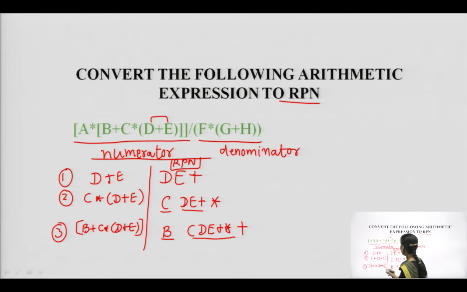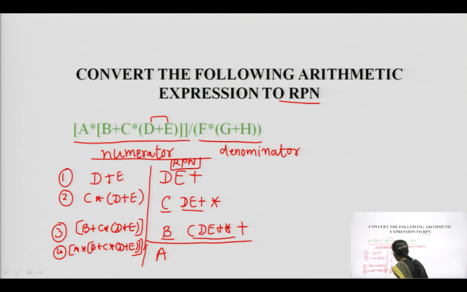In the fourth step, A cross B plus C cross D plus E. Based on the previous steps, A is the first operand and this whole expression is the second operand, that is B, C, D, E plus cross plus.